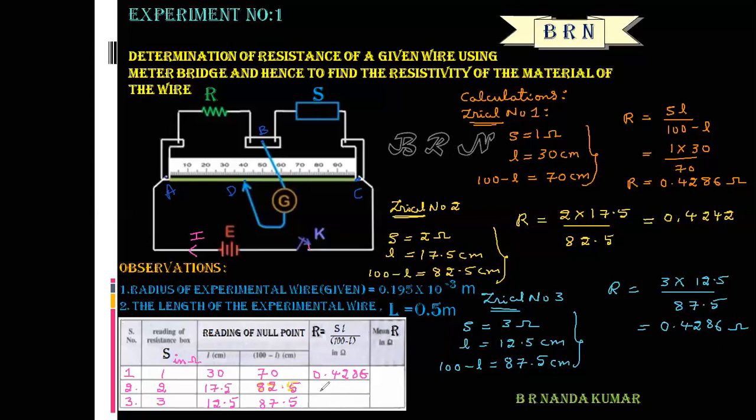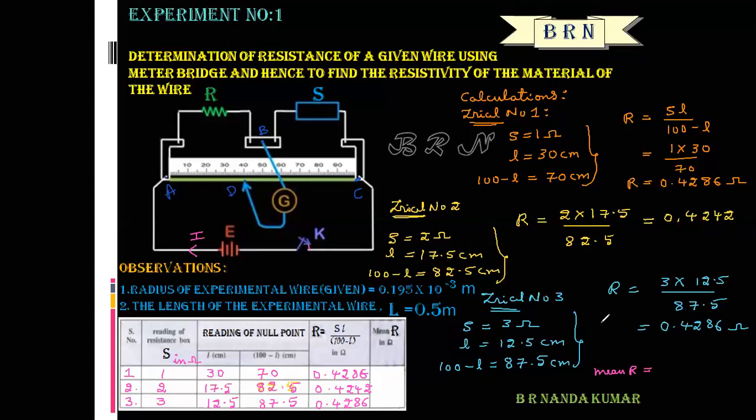The second trial, R value is 0.4242. The third trial, R value is 0.4286.